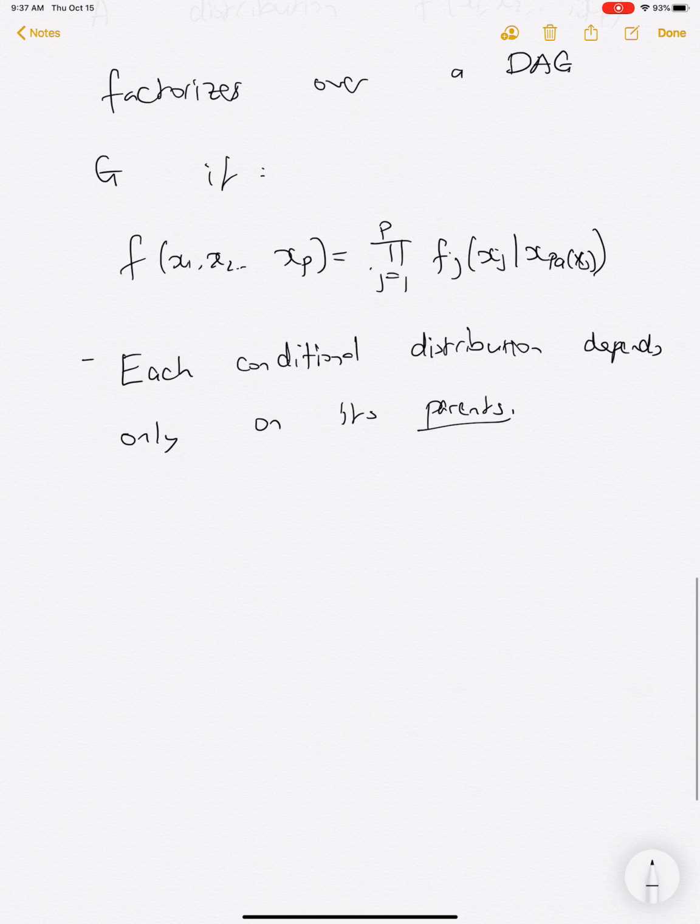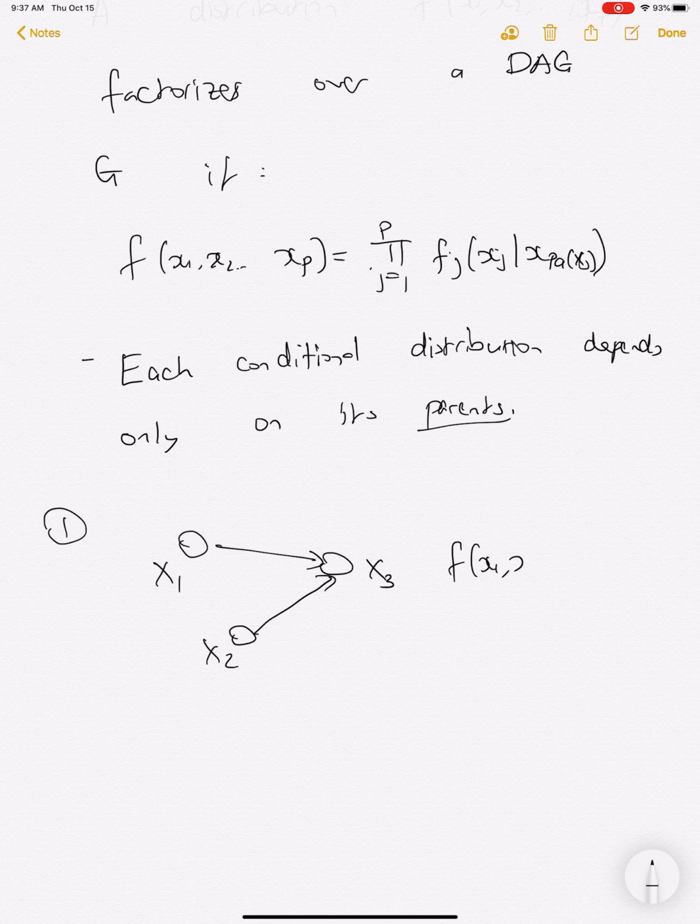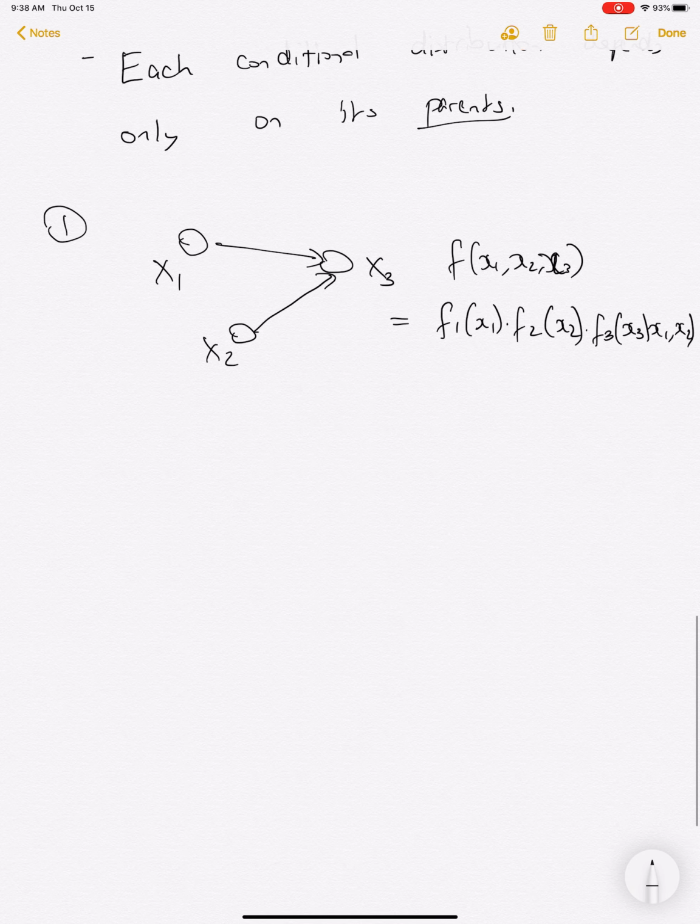And this might seem a little bit obscure, but if we look back at our example 1, we worked out that we can write this distribution as the marginal of x1, because x1 has no parents, the marginal of x2, because x2 has no parents, and the conditional of x3 given x1 and x2.